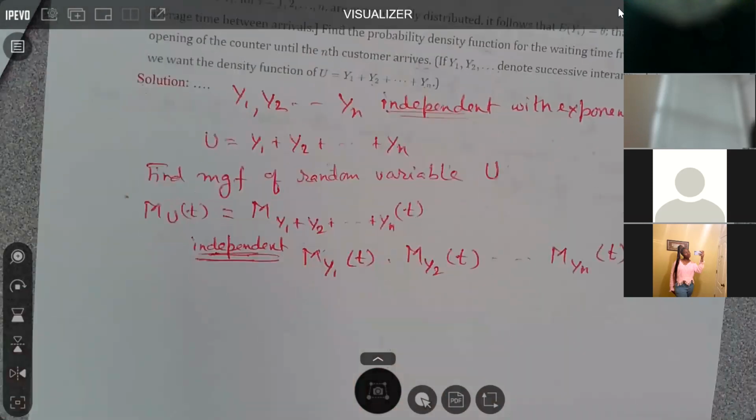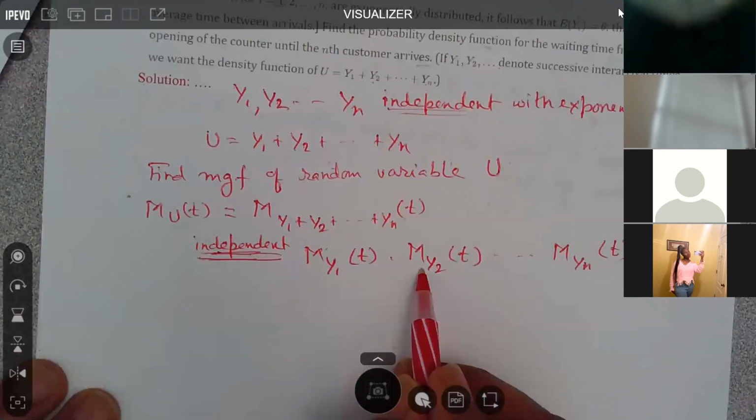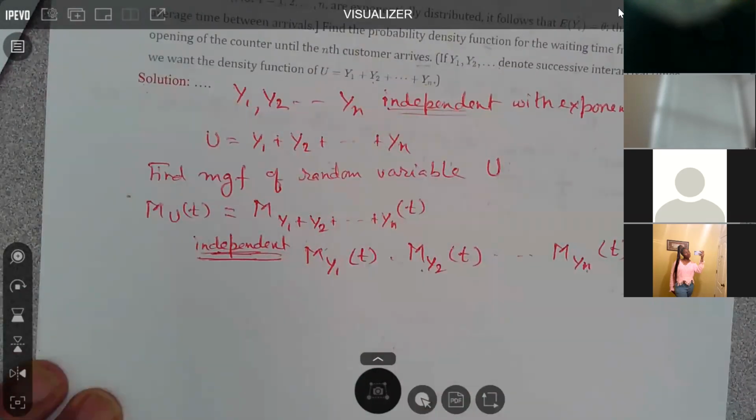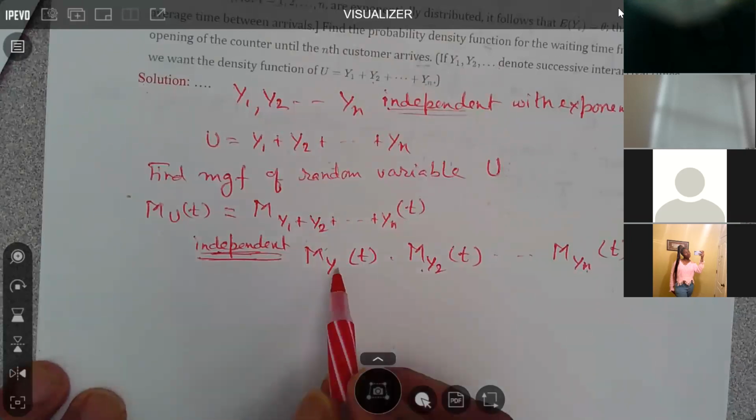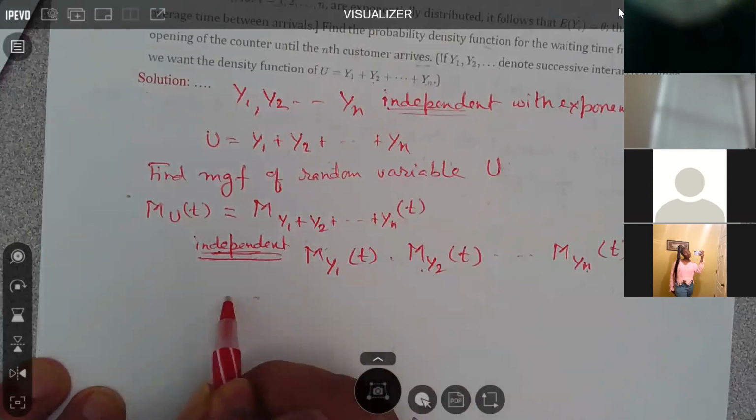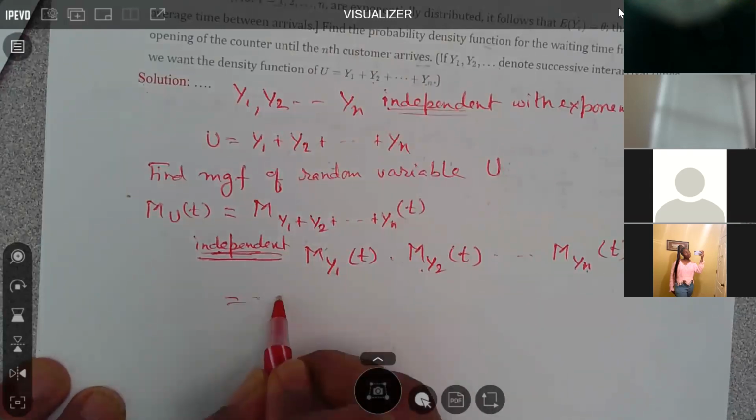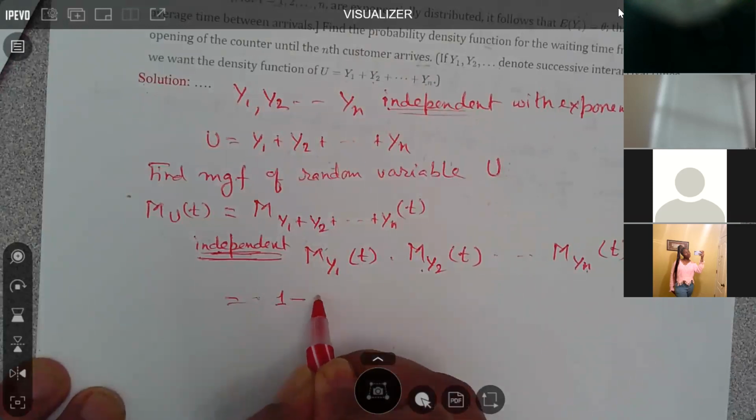Now y1, y2, and yn are exponential distributions, so we know the moment generating function for the exponential distribution. So m_y1 equals (1 minus theta t) to the power -1.